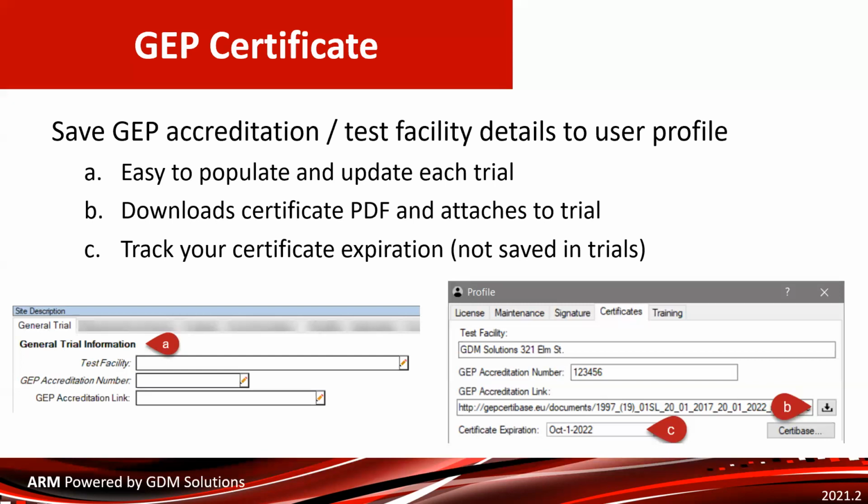Oh, need to add 2 certificates. Yeah, so I suppose in that case, one trialist who might be using ARM on the computer might have more than one accreditation link, or perhaps you'd have 2 different trialists working on the same study, and each of them would have their own certificate that should be added.